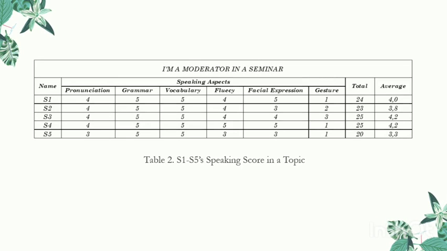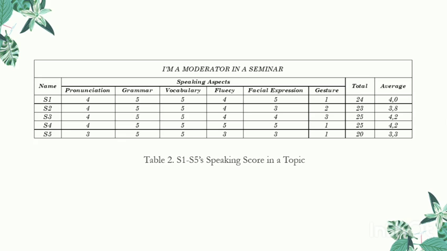Table 2 is an example of the student speaking assessment with the topic "I am a moderator in a seminar." Based on the speaking performance, it can be explained that S1 until S4 have the same score in the pronunciation aspect, which is 4, and then S5 got 3 points because there were some words that were mispronounced by S5.